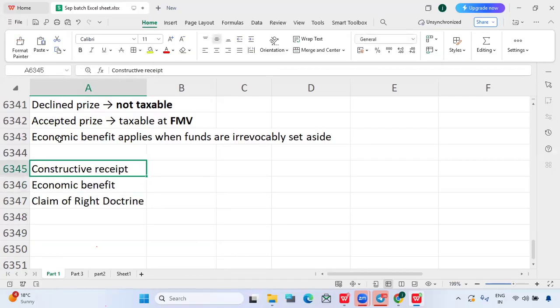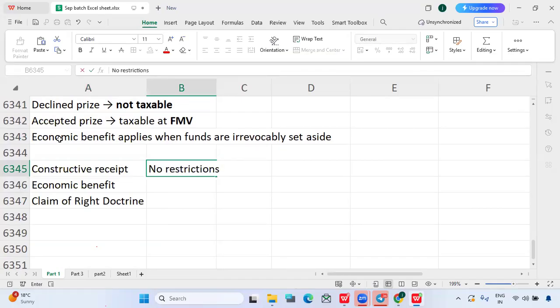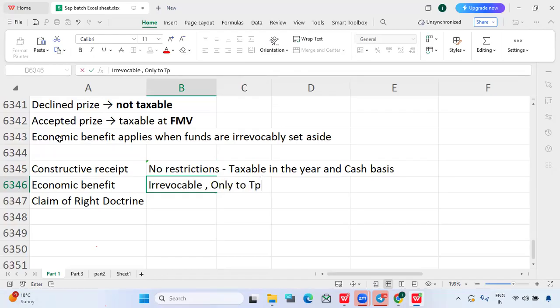Constructive receipt: no restrictions. And economic benefit: irrevocable, funds are kept aside for the taxpayer, funds or assets set aside.